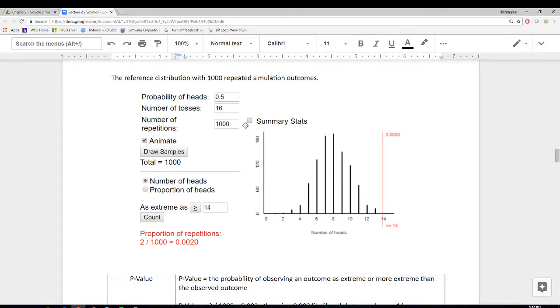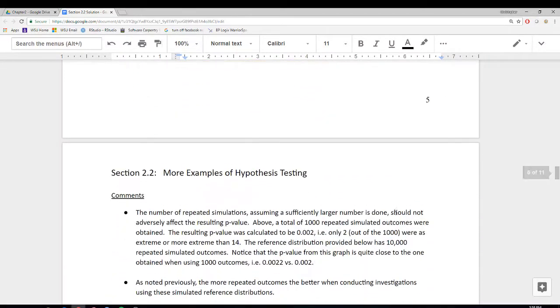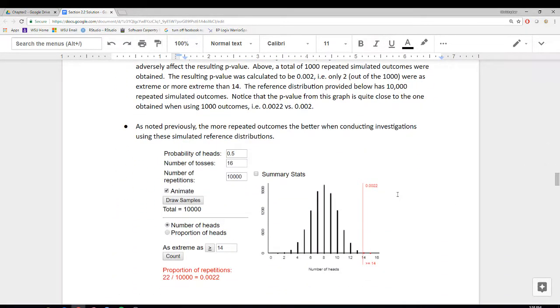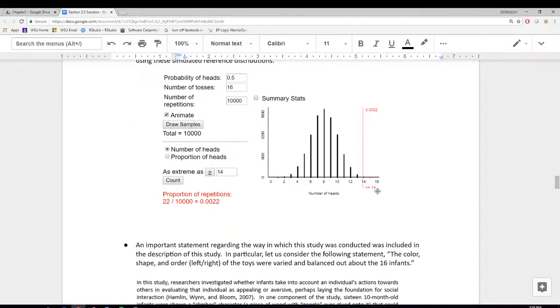If I were to jack this number of repeated simulation outcomes up to 10,000, I would hope that this probability value wouldn't change very much. Certainly I'm going to have more dots out here on the edges, but I also have a lot more dots in the middle as well. So what happens if I were to increase the number of simulated outcomes to 10,000?